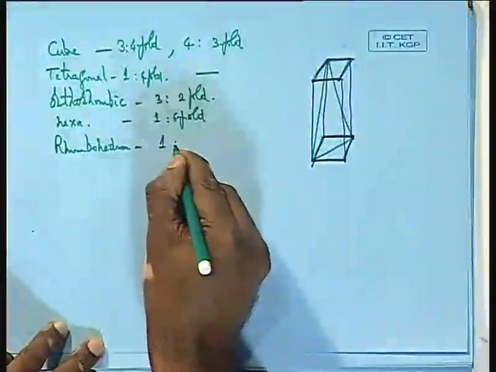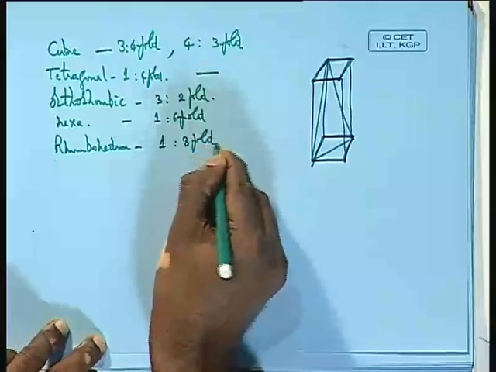Again the angles will be equal because you are pulling along the diagonal. The angles will be less than 90 degrees, but they will be the same, and such a thing will have only one three-fold axis. You lose the four-fold because the angles are not 90 degrees.